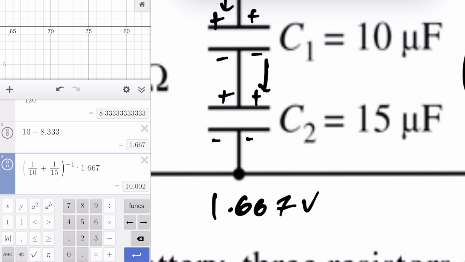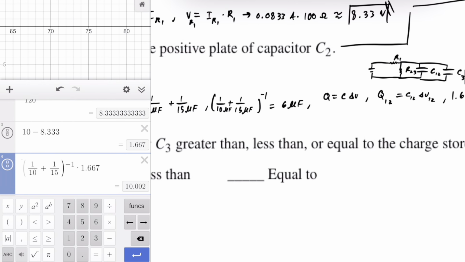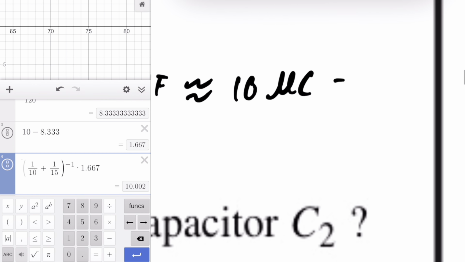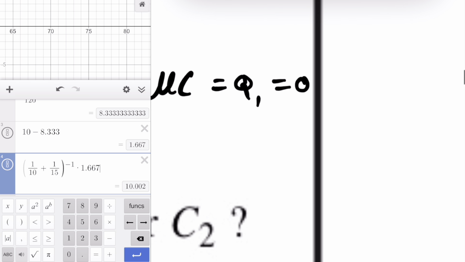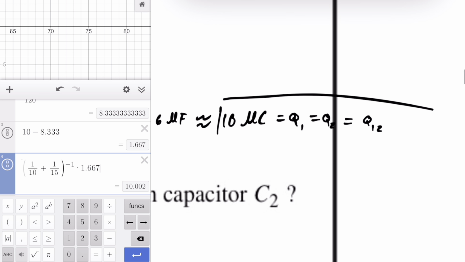If they're not connected, there are some other special circumstances that you could see on an MCQ. So when capacitors are in series, they have the same charge. So Q1 equals Q2 equals Q12. Done. 10 microcoulombs.